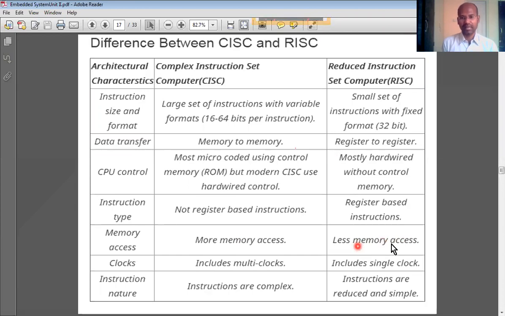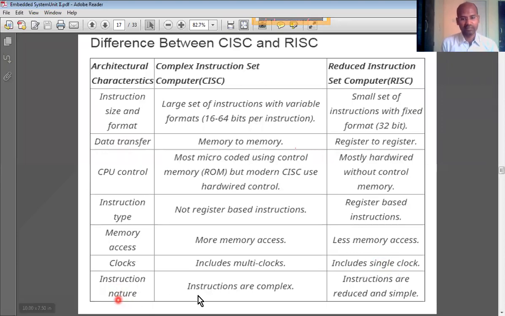So less memory access is one of the important characteristics of RISC. Next, clocks. CISC includes multi-clocks; it takes many clocks to execute instructions. RISC includes a single clock. In one clock, you can execute that instruction because these are simpler instructions.